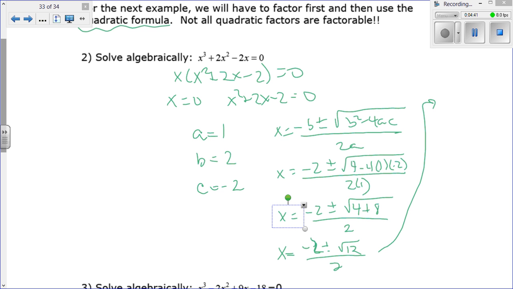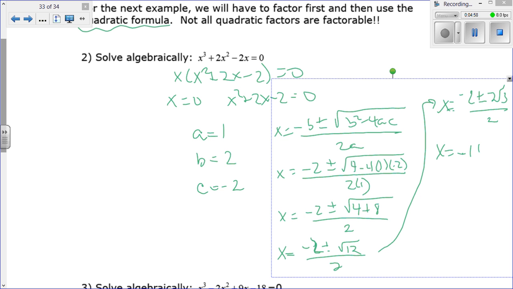So we'll keep going. x equals negative 2 plus or minus, well, 12 breaks down to 4 times 3, so 2 radical 3 over 2. Both of those are divisible by 2, so x equals negative 1 plus or minus radical 3.